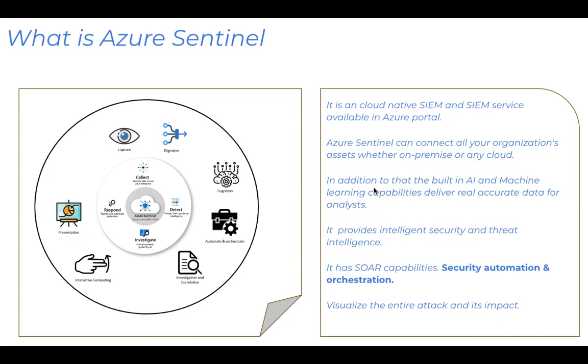In addition to all the capabilities, it has built-in AI and machine learning capabilities which deliver accurate data for the analysts. Sentinel will help the analyst or the organization by making information more manageable with machine learning, including a built-in machine learning and operational module, which we'll discuss in the lecture called Fusion.